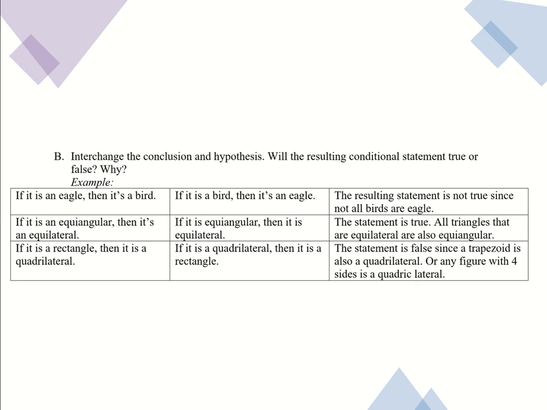If it is a quadrilateral, then it is a rectangle. This statement is false since a trapezoid is also a quadrilateral, or any figure with 4 sides is a quadrilateral, like a square. Not every quadrilateral is a rectangle. Okay? You're going to do your remaining learning tasks in your activity sheet after this.